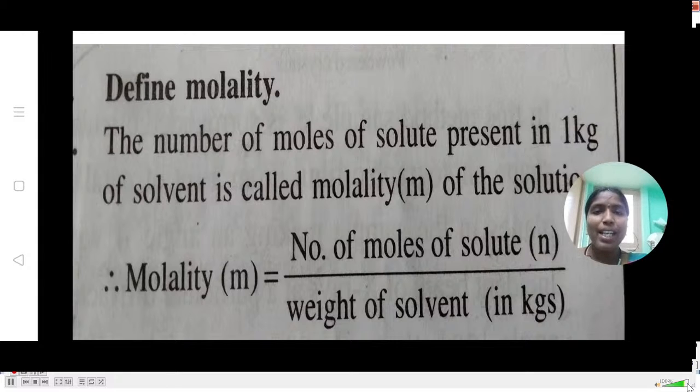If it is changed from kgs to grams, we multiply by 1000. So the next equation is molality equals number of moles of solute into 1000 divided by the weight of the solvent in grams. Okay, this is the question.